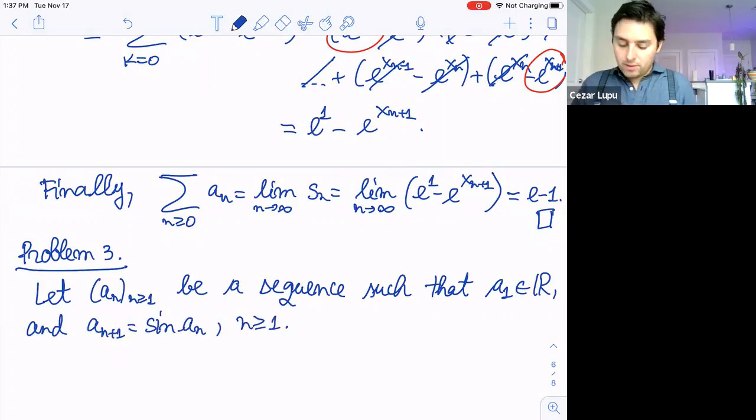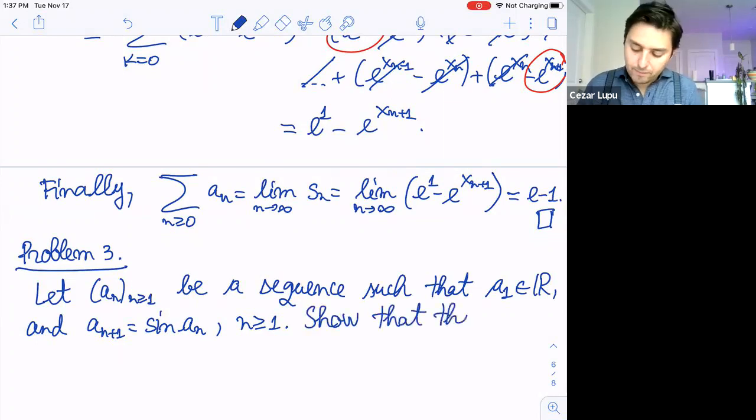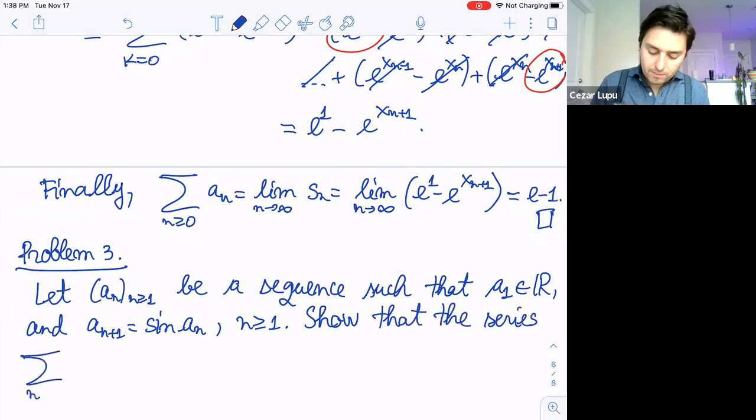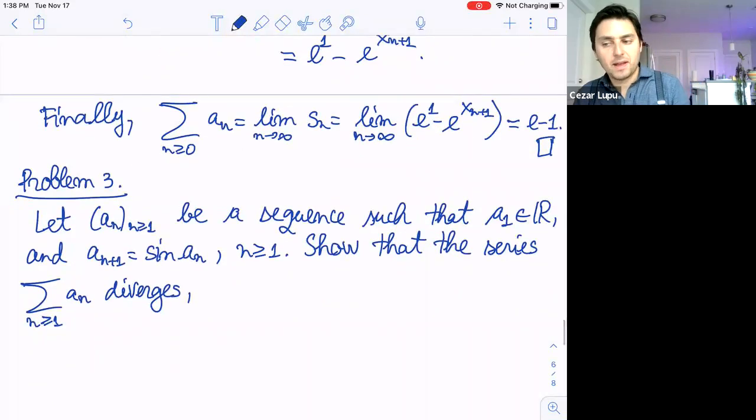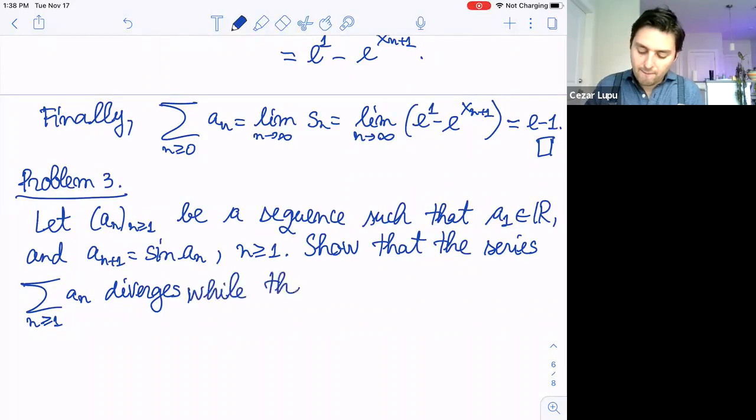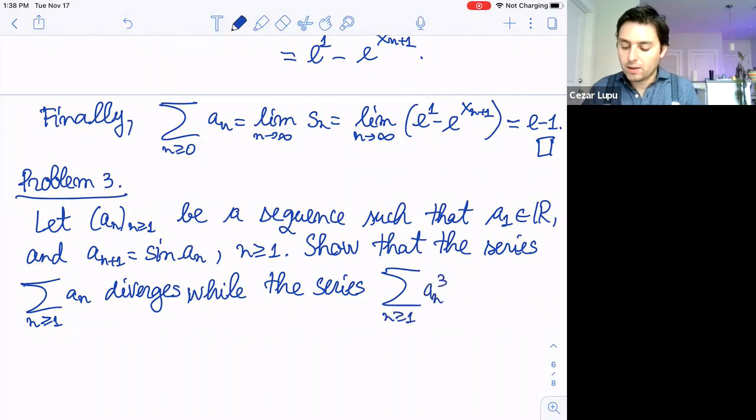Show that the series, the sum from n greater or equal than 1 of an, diverges, while the series of an cubed converges.